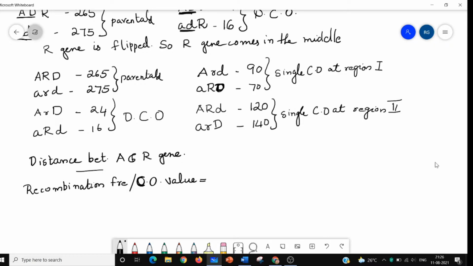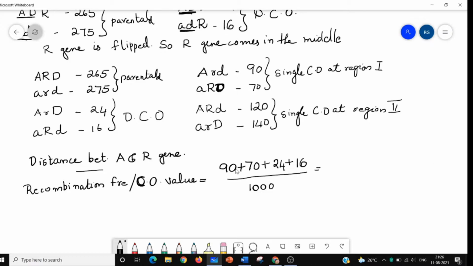So we write down the total number of those recombinants, that is 90 plus 70, and to it we add the number of recombinant double crossovers, because during double crossing over, the crossing over between A and R gene also occurs. Divided by the total number of offsprings, which is 1000.